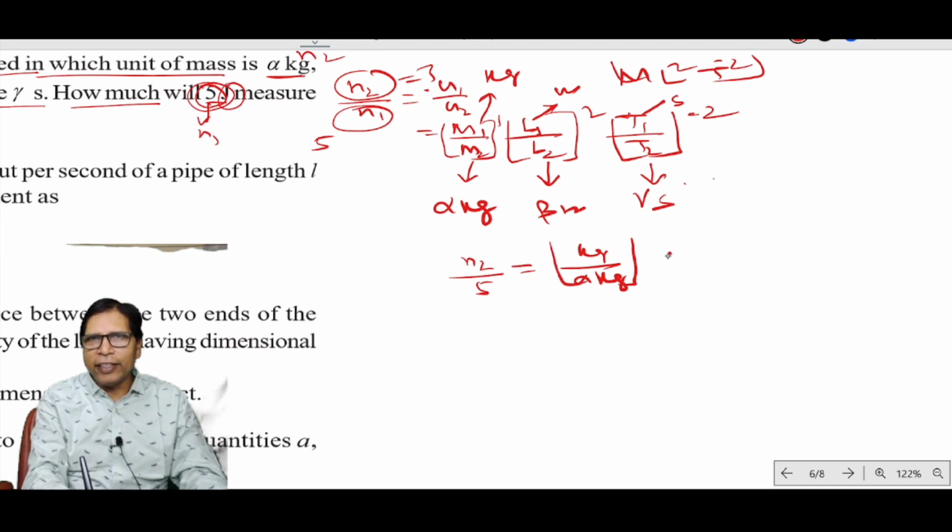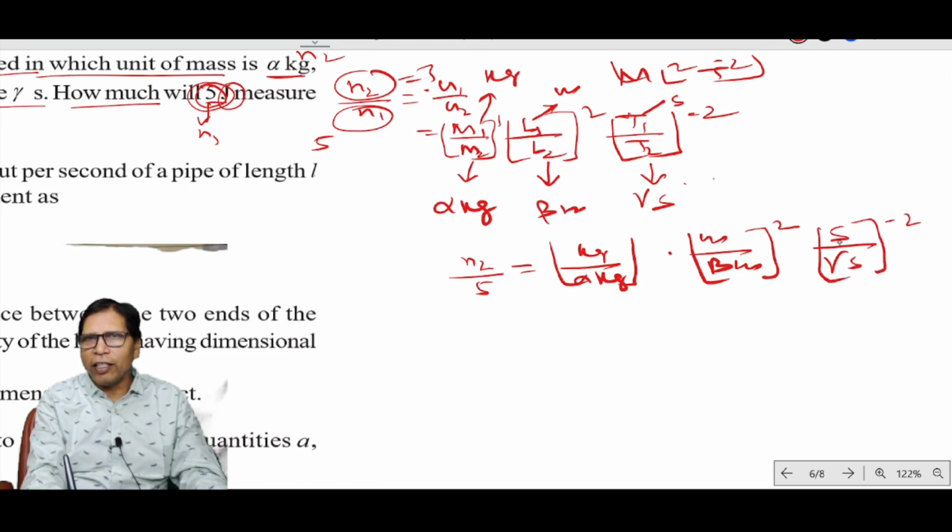meter by beta meter to the power 2, and second divided by gamma second to the power minus 2. Now kg and kg cancel out, meter and meter cancel out, second and second cancel out.